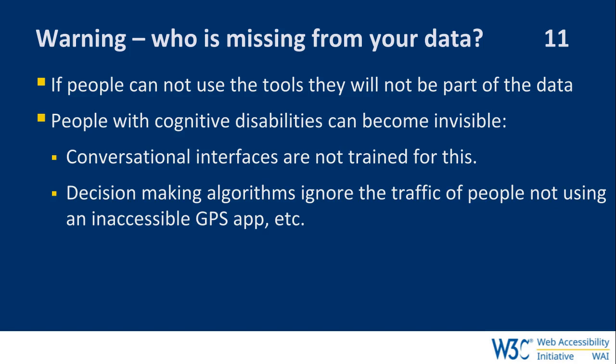And so then they don't call because they know they can't reach a human, and they're missed out of the data gathering process. They're not in those data sets. And therefore, they're invisible to the whole decision-making process that's based on these data sets, whether it's machine learning or other algorithms. And that then will result in solutions that don't consider them.